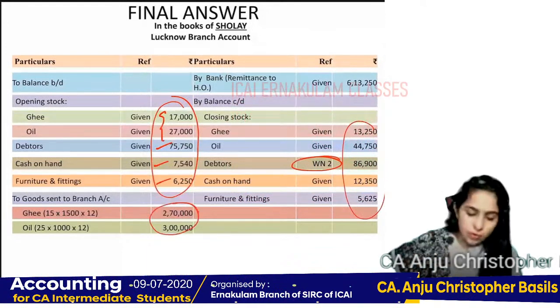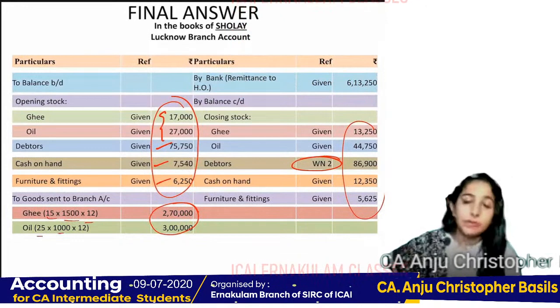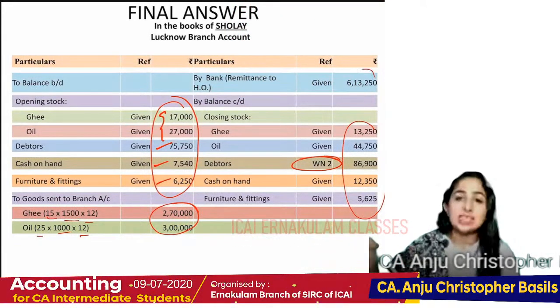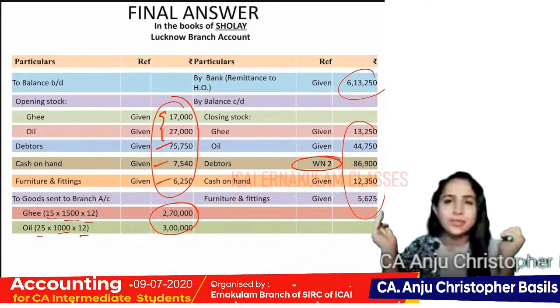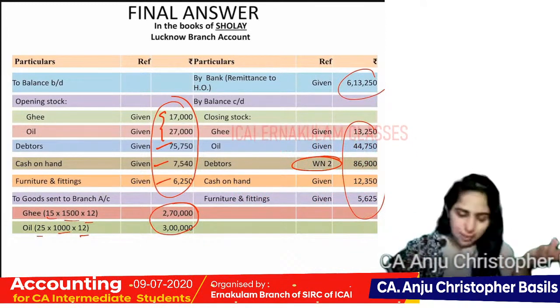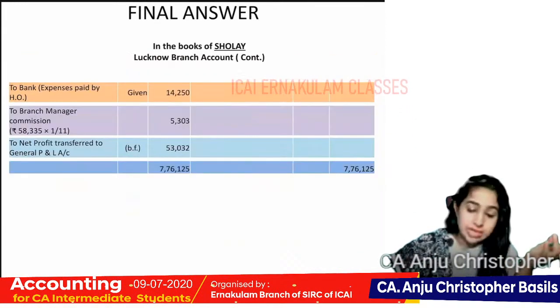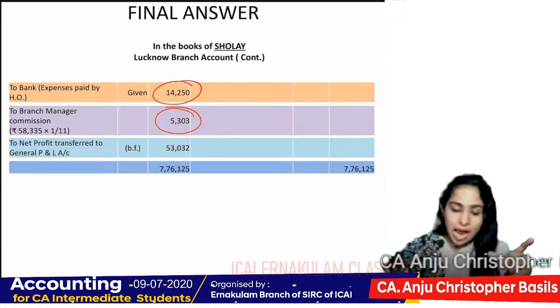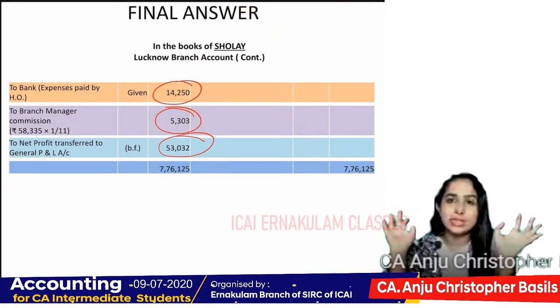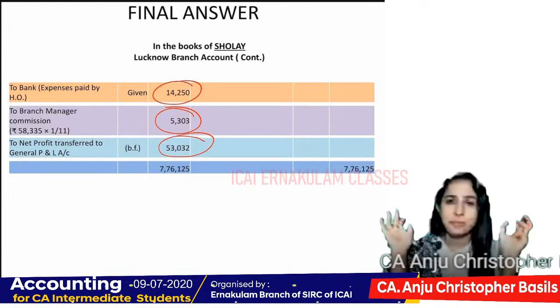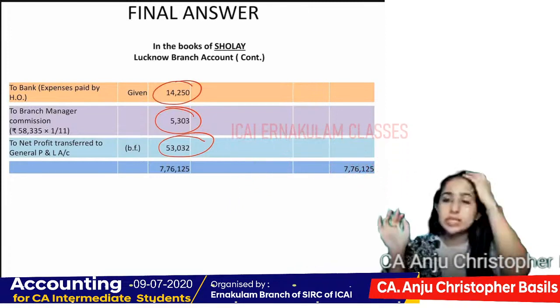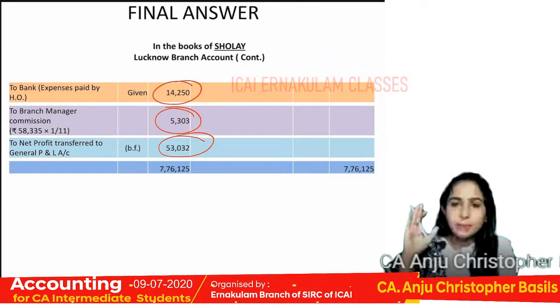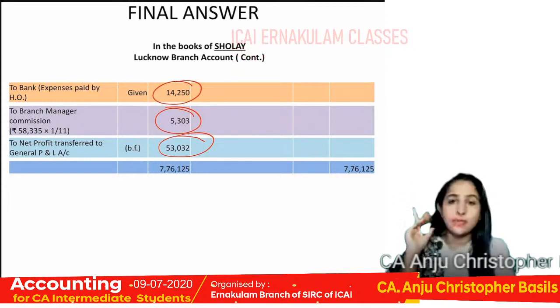Just as we discussed, 15 tons at 1,500 and 25 tons at 1,000 for 12 months, and the cash remitted to head office is also straight away given to you. You take the balance, and one more item is there, which is the expense and also the branch manager's commission. After that, you get the closing net profit. How much is the net profit? Listen, students, there is one point that you've got to check, because there is branch manager's commission involved here.